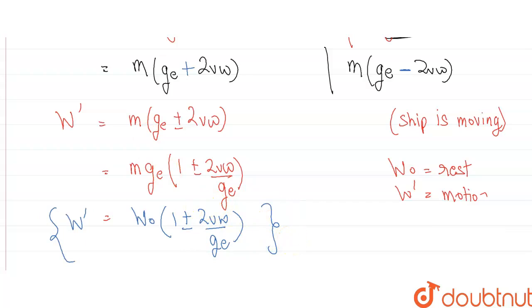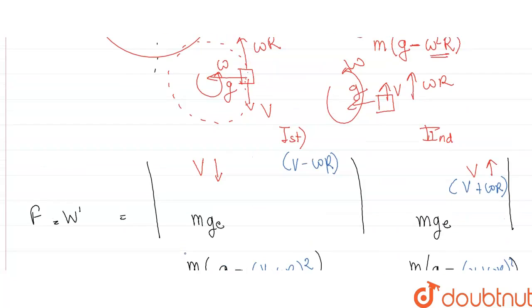Now I have already proved the required equality which the question asked. In the second part, it was asking the significance, or to explain why plus minus is coming. I have made two cases. The reason being, the first time velocity is opposite to omega r, and in the second case it is in the direction of omega r.